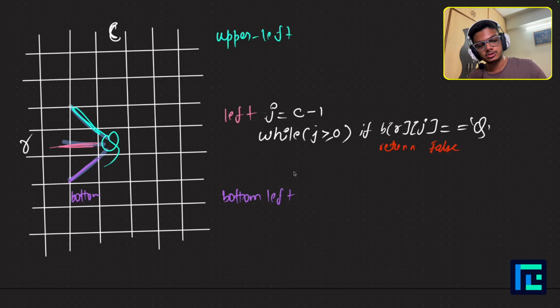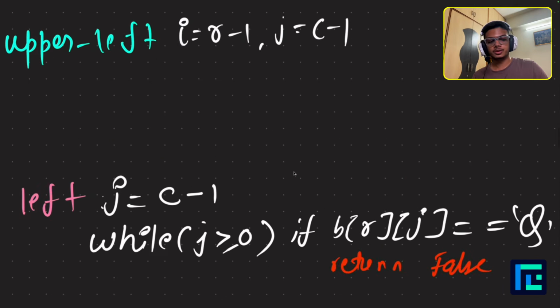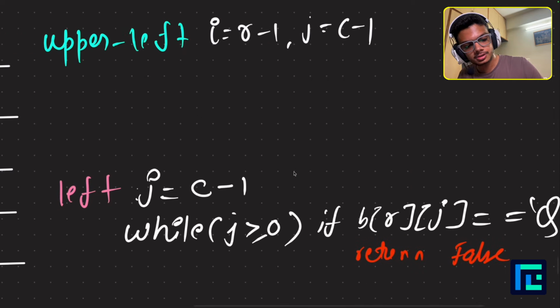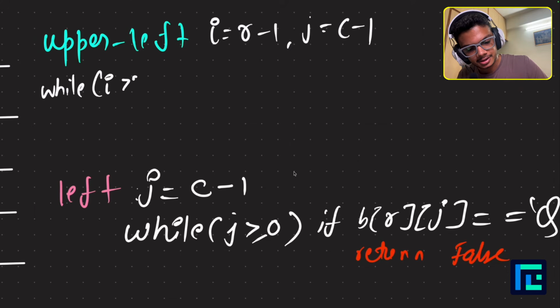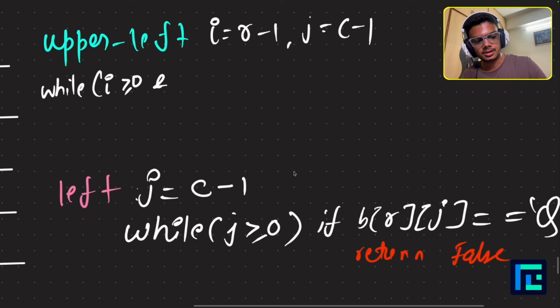Upper left means this part. So what is this cell? This cell is r minus 1 and c minus 1. So maybe you can initialize two variables, i equals r minus 1 and j equals c minus 1. Now you can again run a loop while i is greater than or equal to 0 and j is greater than or equal to 0.